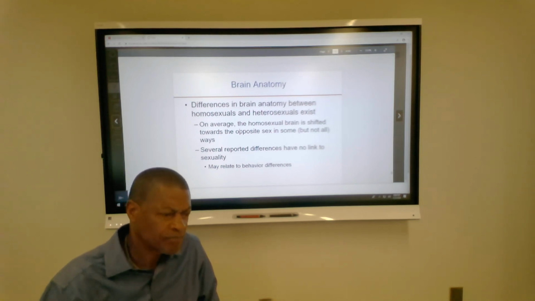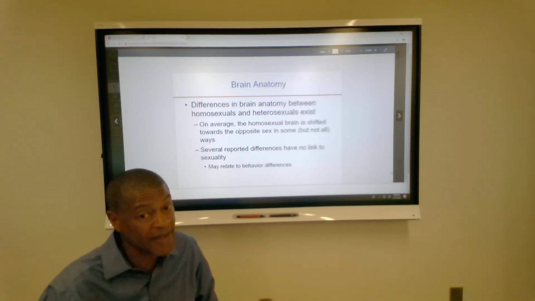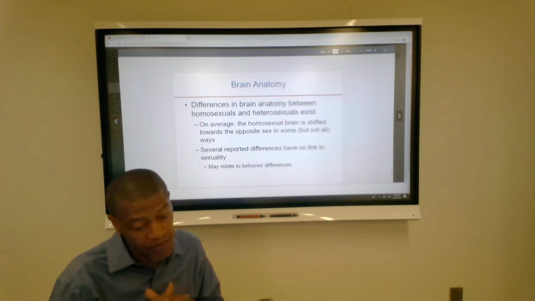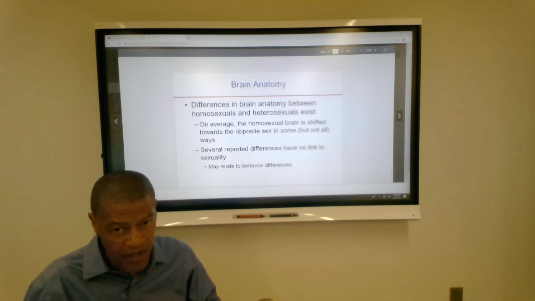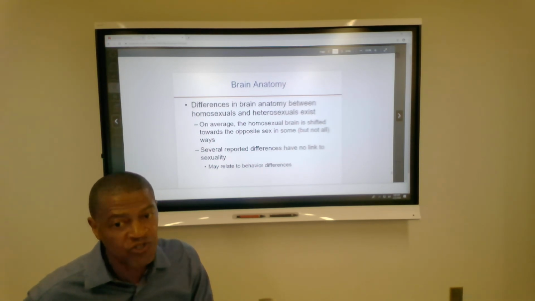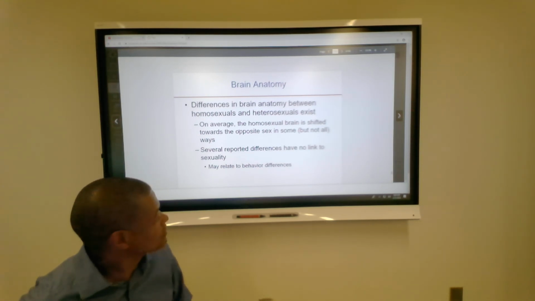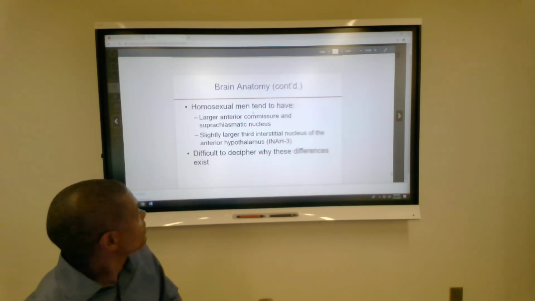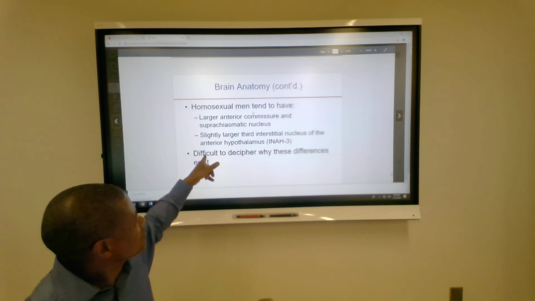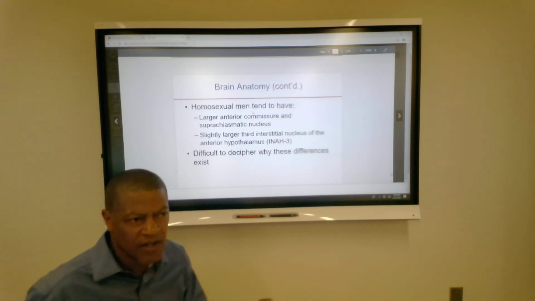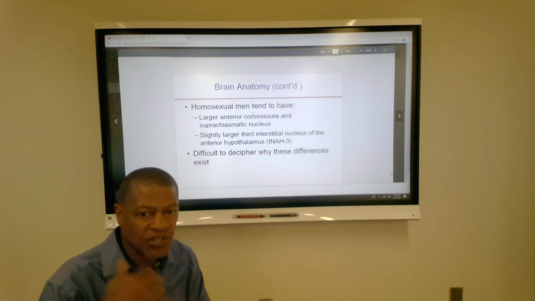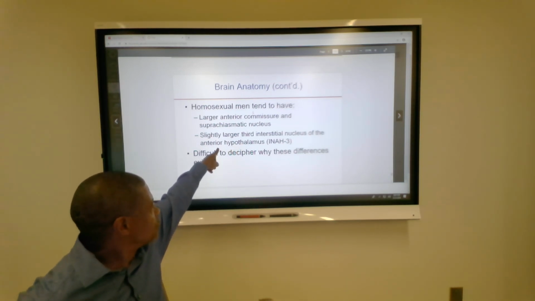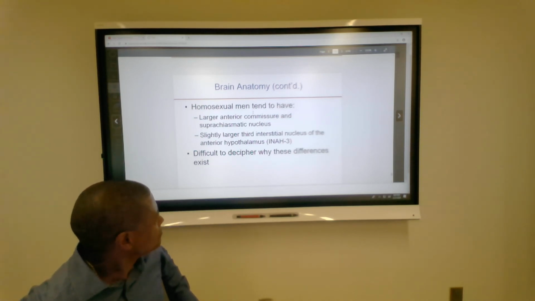Older studies, post-mortem analysis, so without confirmation you can't really say, but there are studies showing that the area of the brain is the interstitial nucleus of the anterior hypothalamus. The homosexual men tend to have a larger anterior commissure, and the suprachiasmatic nucleus is also larger. SCN, the suprachiasmatic nucleus, deals with circadian rhythms. Slightly larger third interstitial nucleus of the anterior hypothalamus.